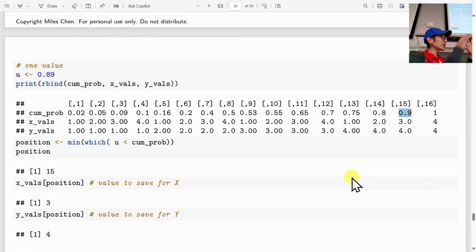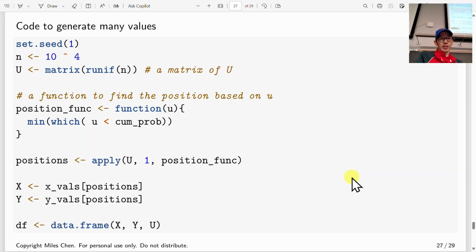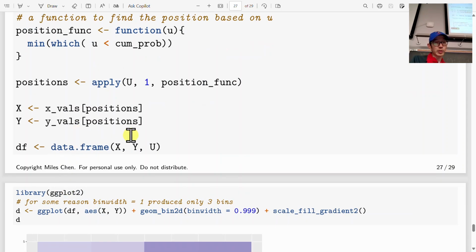This requires you to have the table of your discrete multivariate distribution. So we can do this. I'll generate 10,000 of these for random values of u. Then I get the position, which is which cumulative probability is greater than u, calculate that for everything, and extract all of the x values and all of the y values.